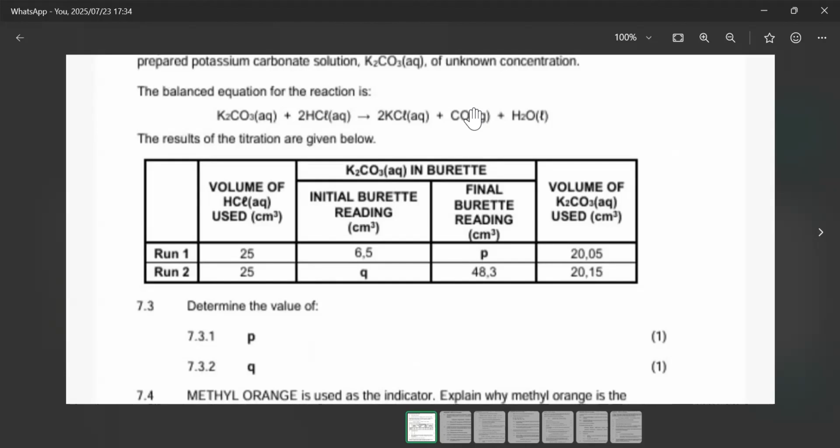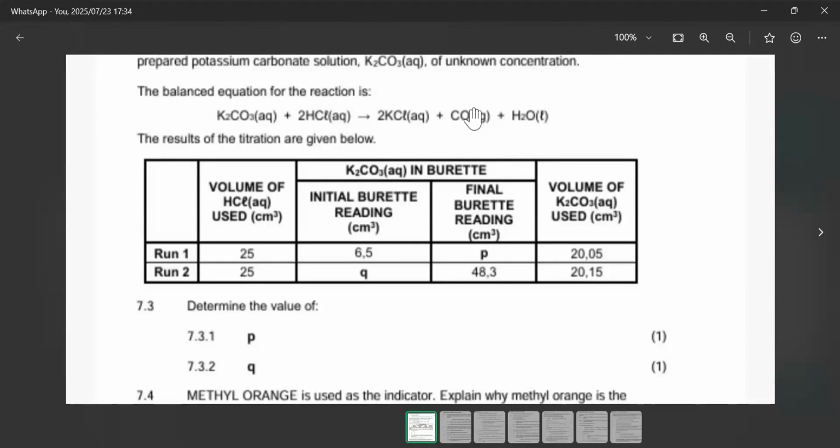Yeah, a burette. A burette is that instrument in which they have filled the potassium carbonate, and then they'll be turning on that thing that looks like a tap. And then the drops of potassium carbonate will be coming out of the burette, maybe into the beaker or the Erlenmeyer flask that has the acid.